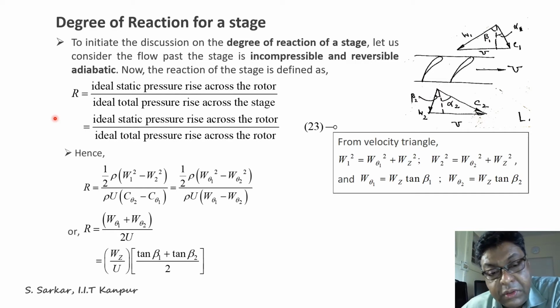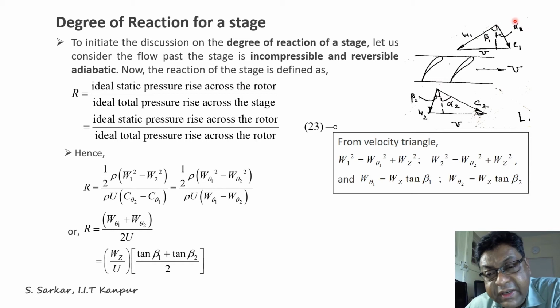Now, the work absorbing component for the stator is 0. Thus, the R can be stated as the ratio of ideal static pressure rise to the ideal total pressure rise across the rotor. Now look, for a compressor, the relative velocity decelerates.